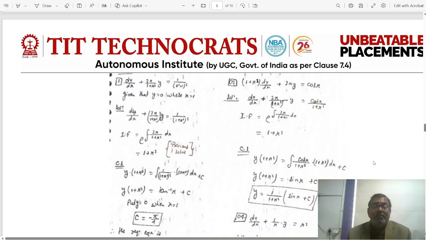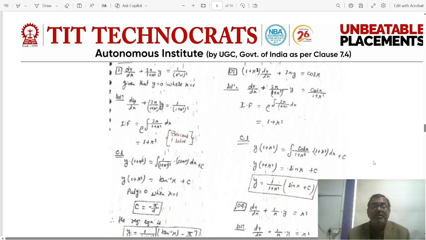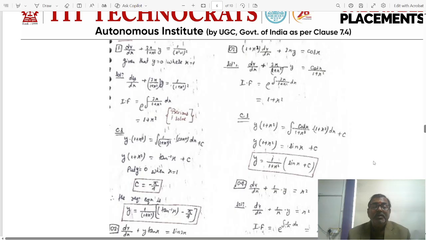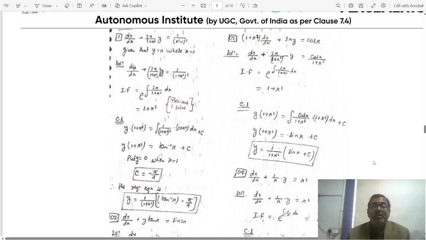Now here first you find the integrating factor e^(∫P dx). Here P = 2x/(1 + x²). So that is e^(log(1 + x²)). So we get 1 + x², that is the integrating factor. The complete solution, that is y × IF, that means (1 + x²) y = ∫ 1/(1 + x²)² × (1 + x²) dx + c.